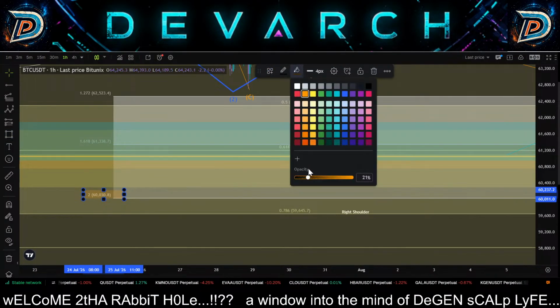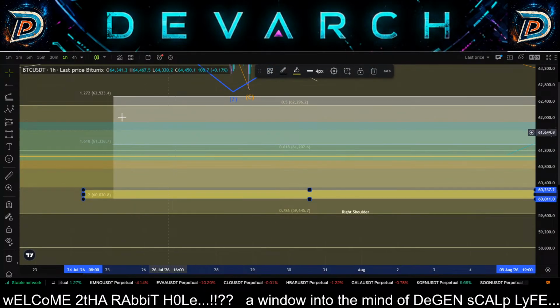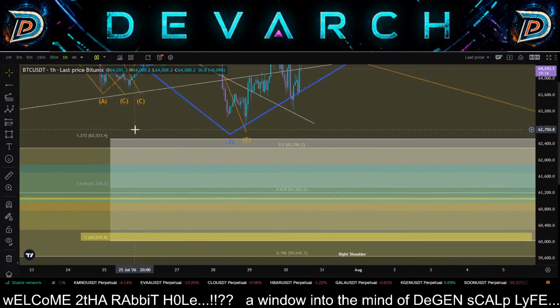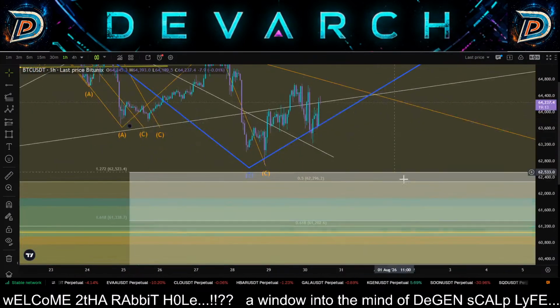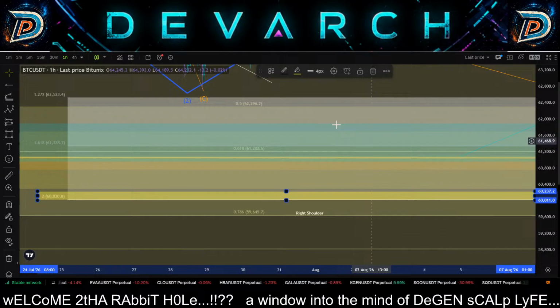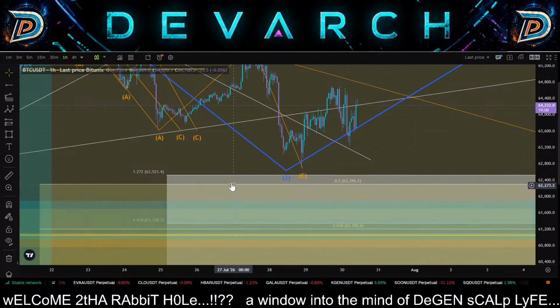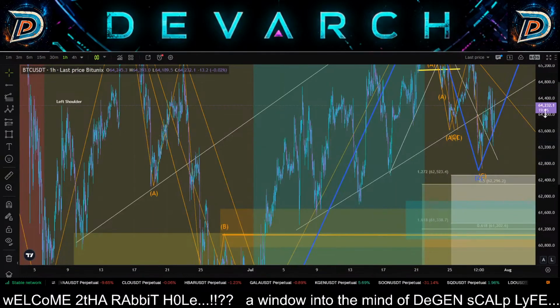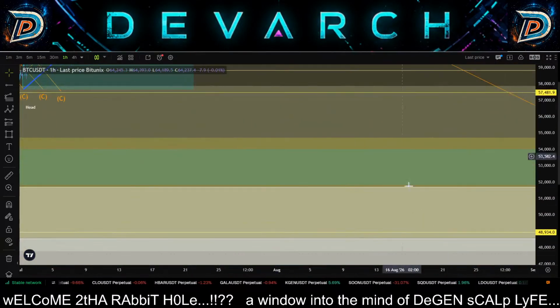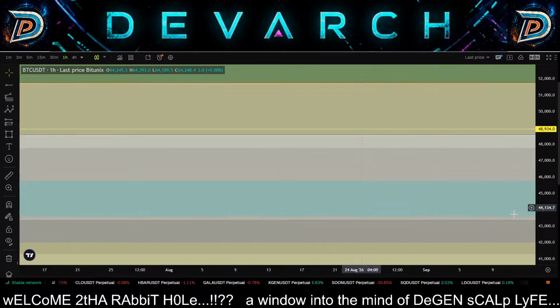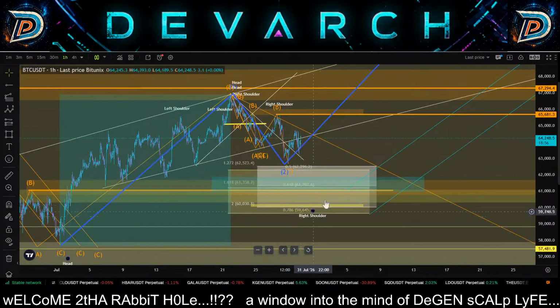If it breaks 60K, this zone here, then the wave 2 is nullified. But wave 2 has more room to extend. Doesn't mean it will, but it can extend all the way down here to 60K. Once it breaks 60K, then this blue impulse wave is no longer valid, and we start looking at the lower projection levels down here that we were talking about on the daily and the weekly.